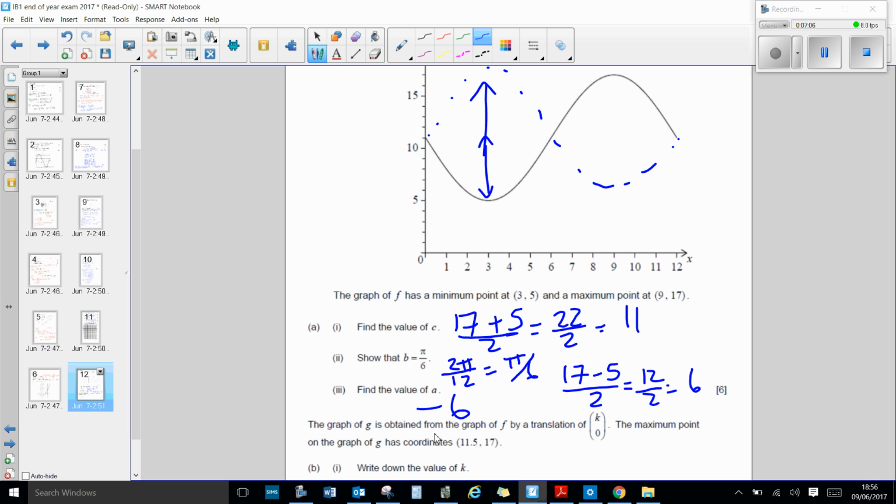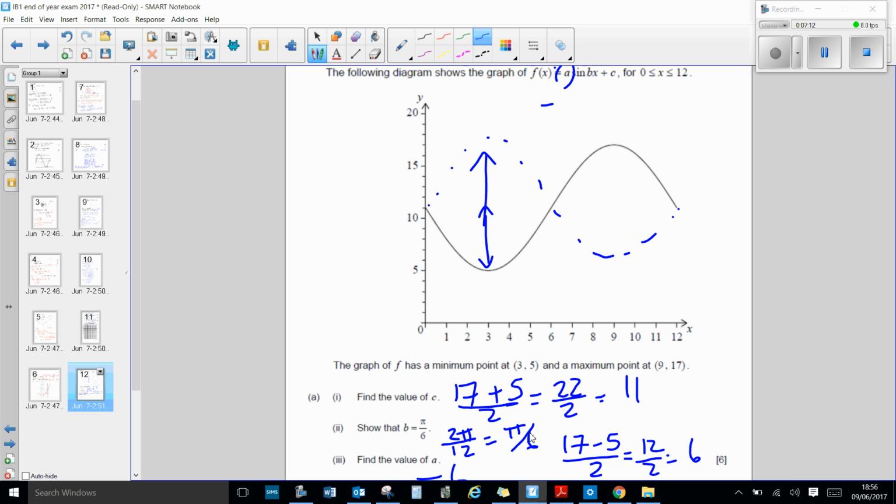The graph G is obtained by translation of K. The maximum point of the graph has coordinates 11.5, 17. So 11.5, 17, and this was 9, 17. So we've moved to the right by 2.5 units.